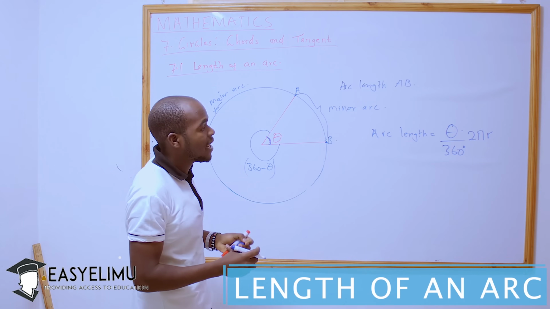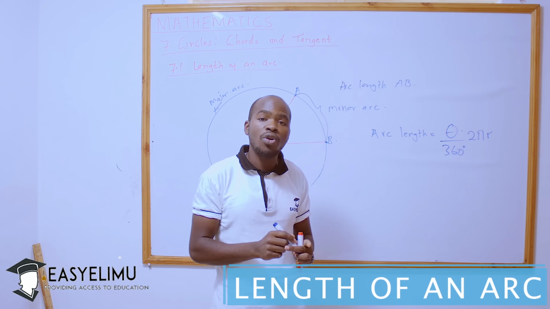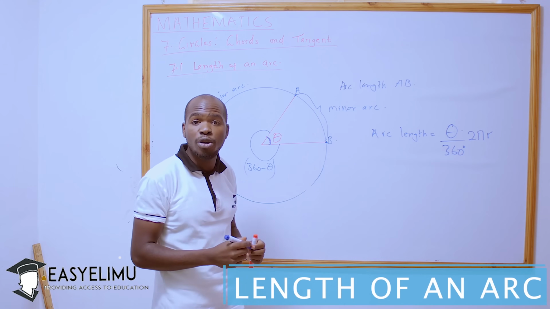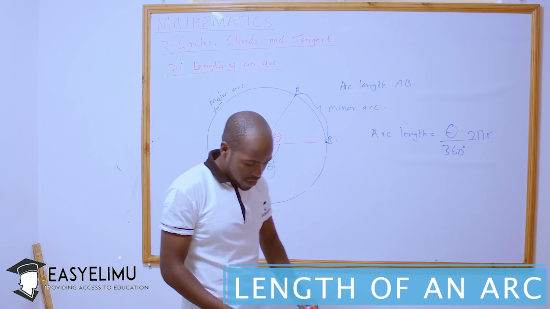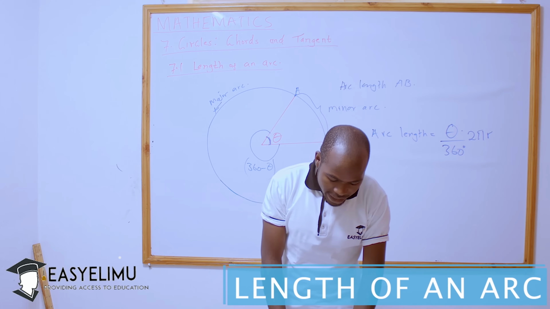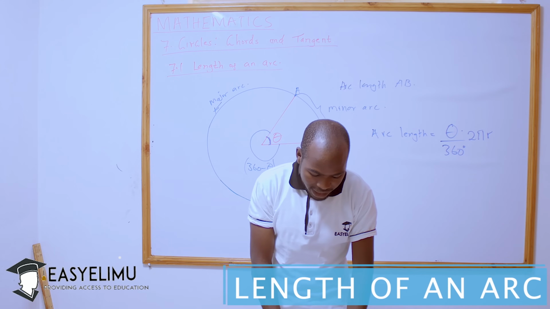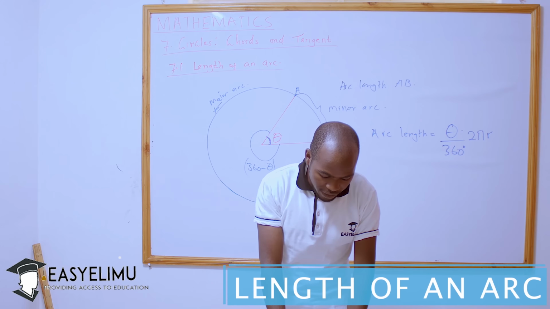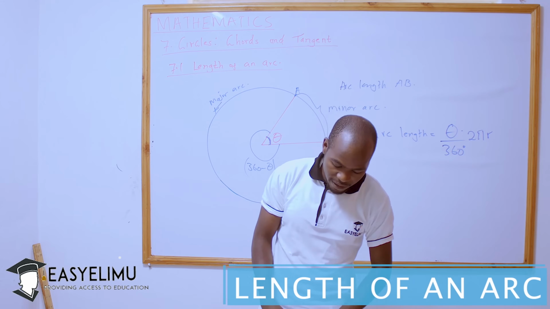So we shall take an example and see how we can solve some of the problems concerning the length of an arc. Our example for today is: find the angle subtended at the center of the circle by an arc of length 20 centimeter if the circumference of the circle is 60 centimeter.